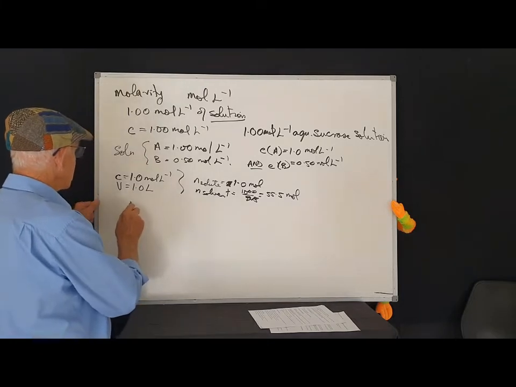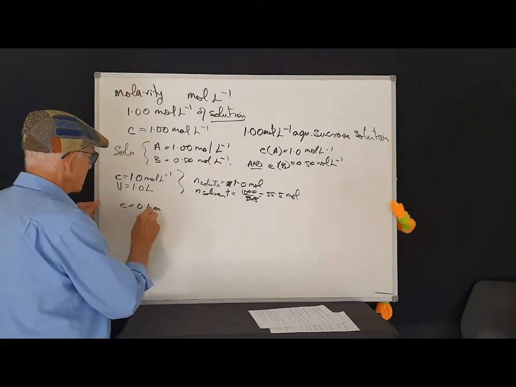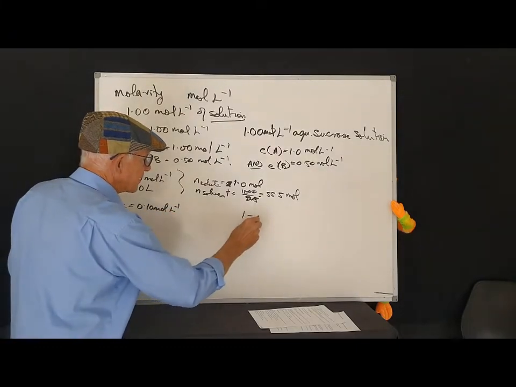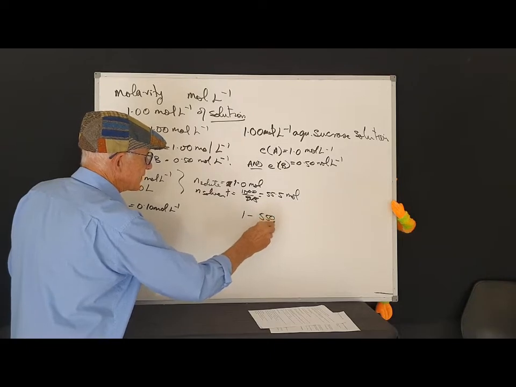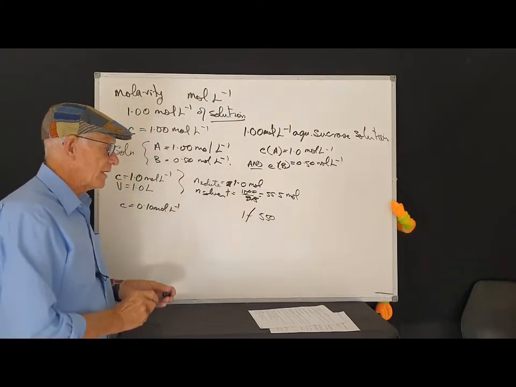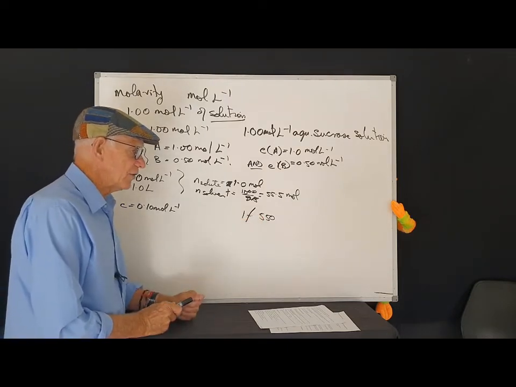And if the concentration was 0.1, let's say, moles per litre, it would be 1 to 550, make that moles of water for every one of the solute.